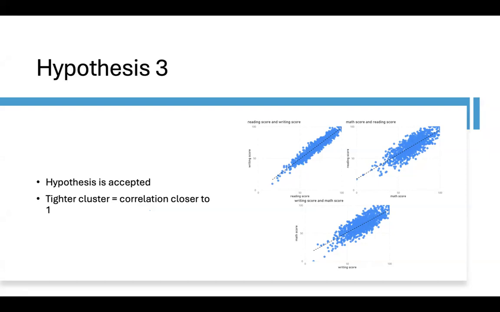So working on that is very important. I put here that a tighter cluster is a correlation closer to one. So you want it to be almost exactly on a line, seeing it closer to a correlation of one.